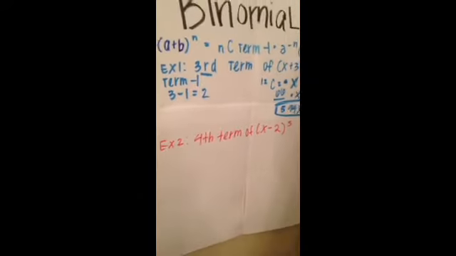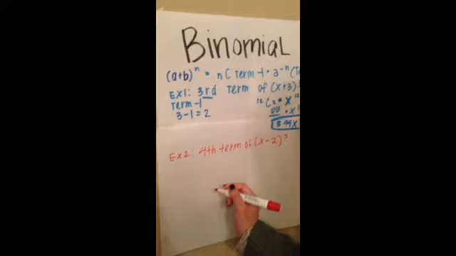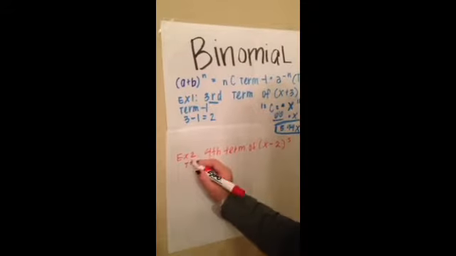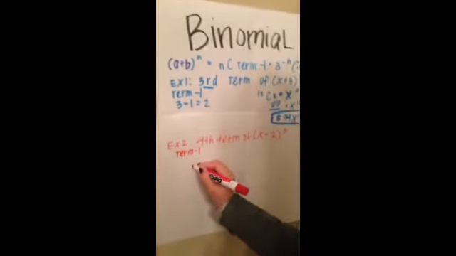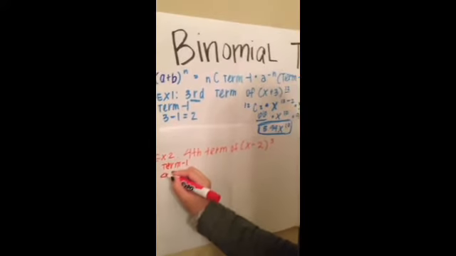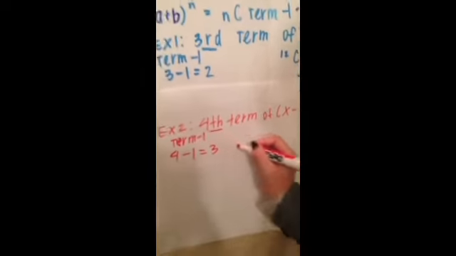Now, you're going to take that term minus 1, negative 1, and then you're going to subtract it from 4, which equals 3. And then remember, we got the 4 from here.